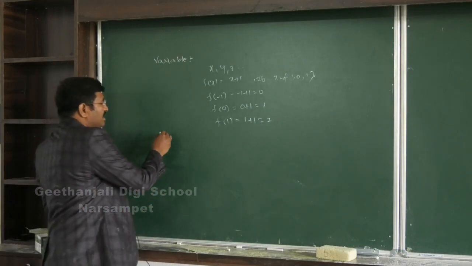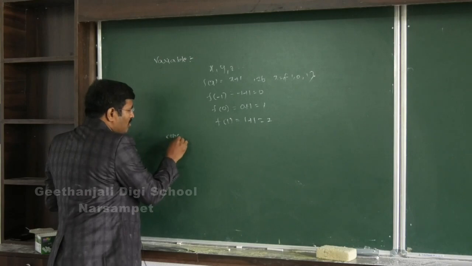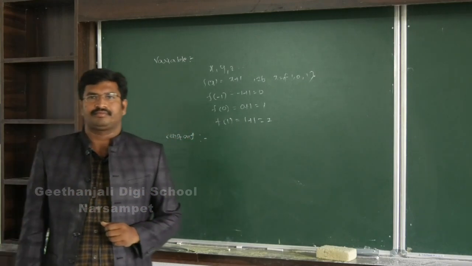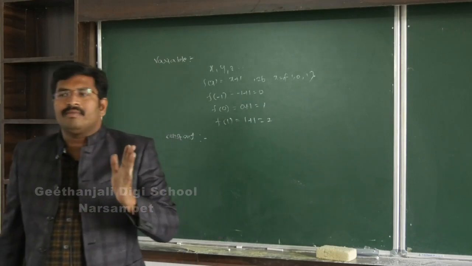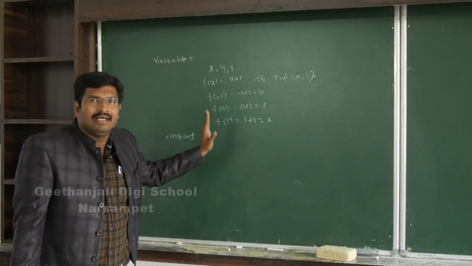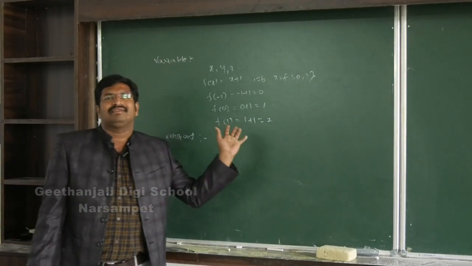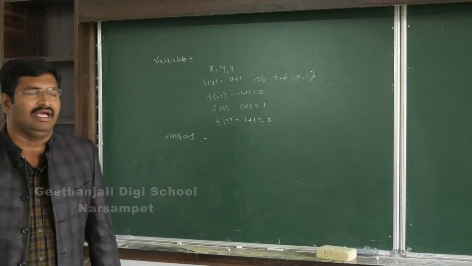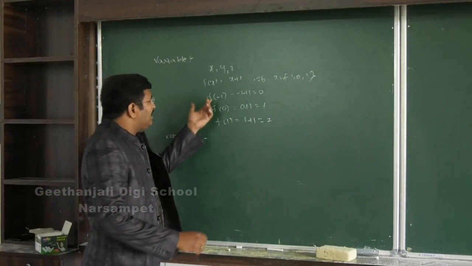Then we will go for the next, constant. What is a constant? It is a numeral value, a fixed value. Normally the numerals are called constants. Constant means it is a fixed value. For example, minus 1.